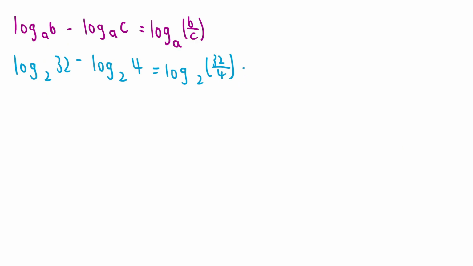So this simplifies to log base 2 of 8, since 32 divided by 4 is equal to 8, and this is just equal to 3, since 2 to the power of 3 is equal to 8.